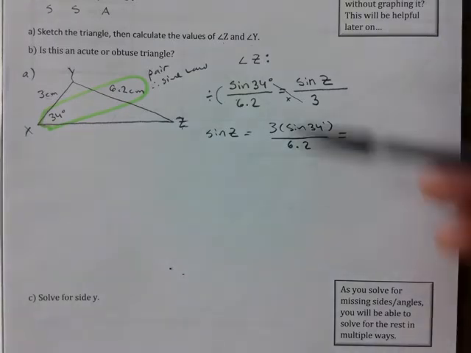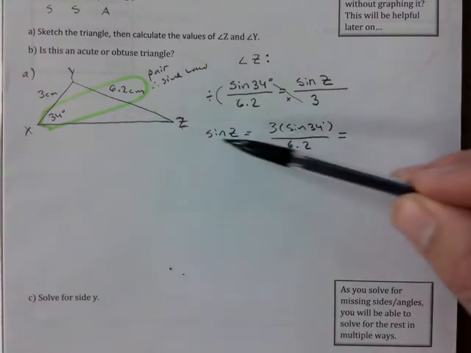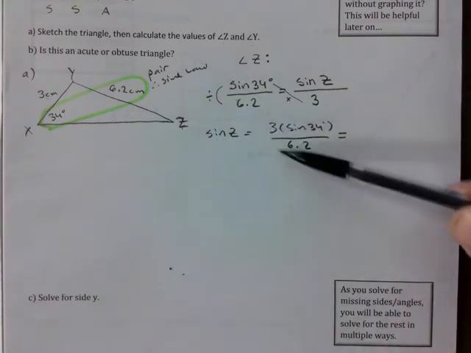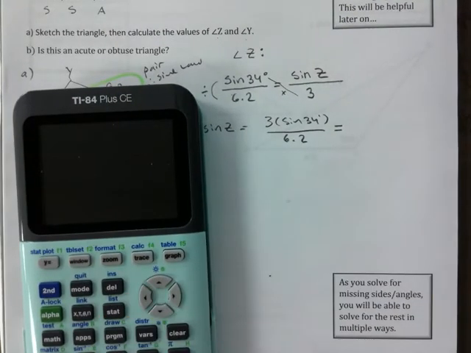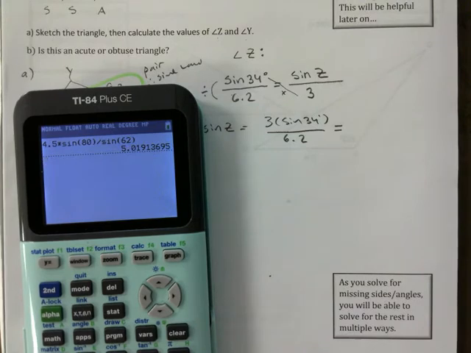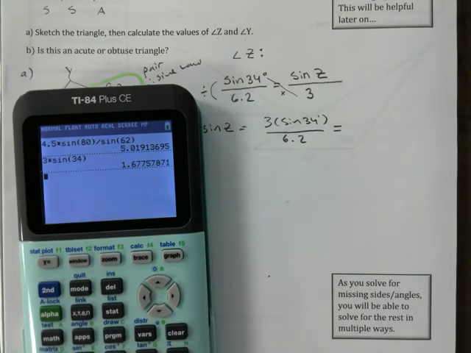I actually normally start with my setup and then I work down like that. But this is okay to do it because we're going to figure out what this is. Get a decimal here. Okay, on page 5. 3 times sine of 34 is equal to, and then you divide by 6.2.